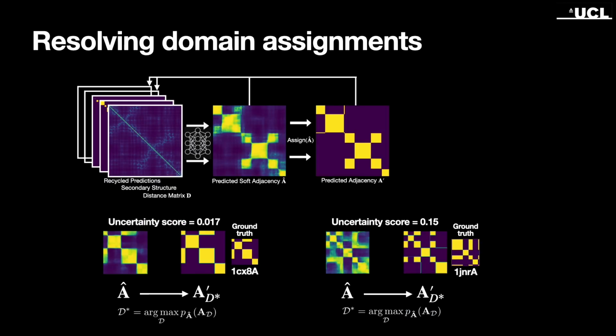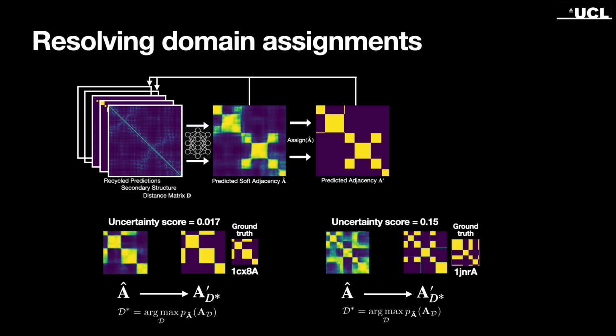When we get that output of the neural network, we have this probabilistic predicted soft adjacency matrix that represents the probabilities that any pair of residues are in the same domain, and we need to resolve this uncertainty into a final domain assignment.